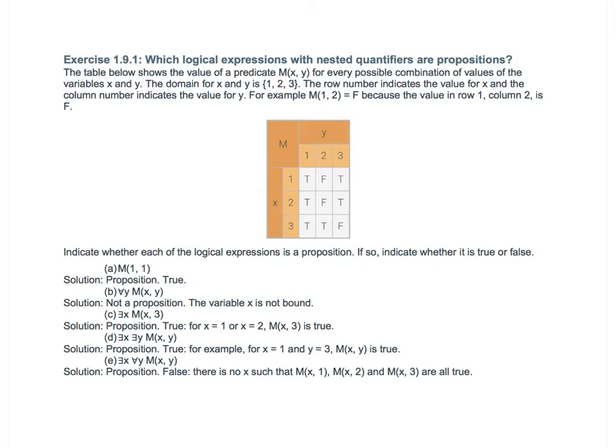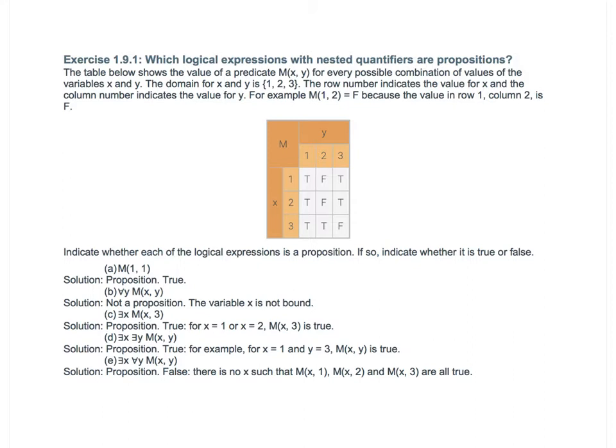So the domain of x and y for both variables participating in the predicate m is the set including only three integers, 1, 2, and 3. This table with 9 truth values can specify the truth value of predicate m for any combination of x and y values. So, for example, this is how you can read this table. M of 1 and 1, so the predicate m when x and y are both replaced by 1, has a true value.